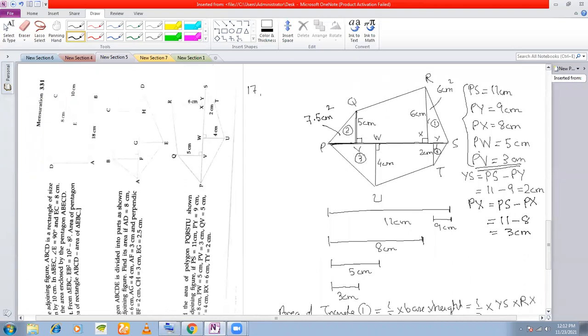Now look at triangle 3. You want to find out the area of the triangle 3. The height of this triangle is this one, UW or WU, right? What is the base of this triangle? The base of this triangle is this one, PW, right? How do you find PW? PW is given, 5 centimeters. If it is given, then we can find out the area directly. So base and height are also given.